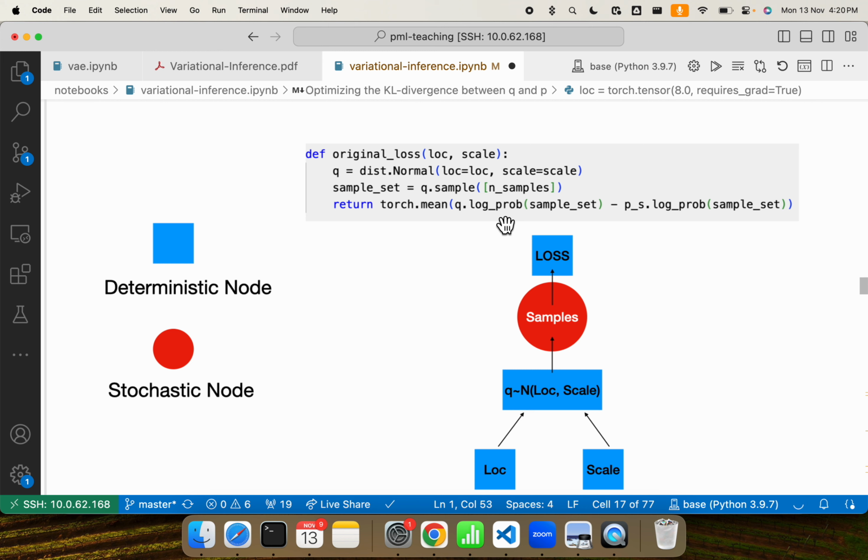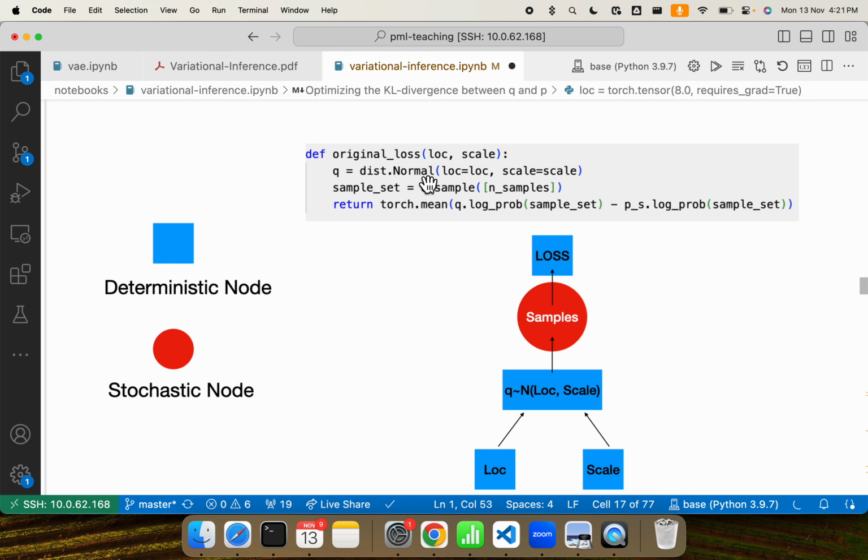So our goal is to optimize the location and scale such that the loss is minimized. So if we have to go back and do backprop, we have to go through this stochastic node, right, which causes problems. We cannot go back via a stochastic node, so it's also very implementation specific.